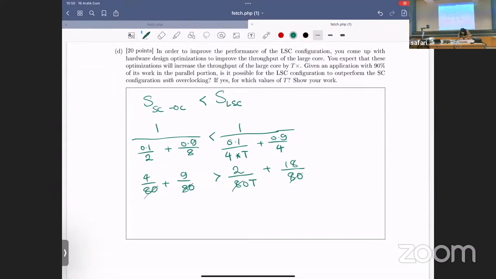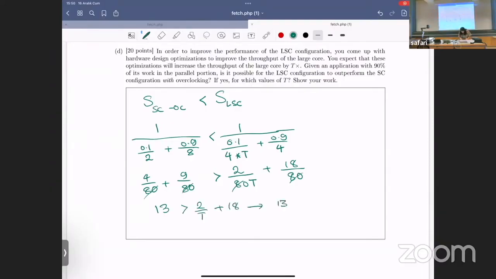So 13 should be more than 2t plus 18, right?